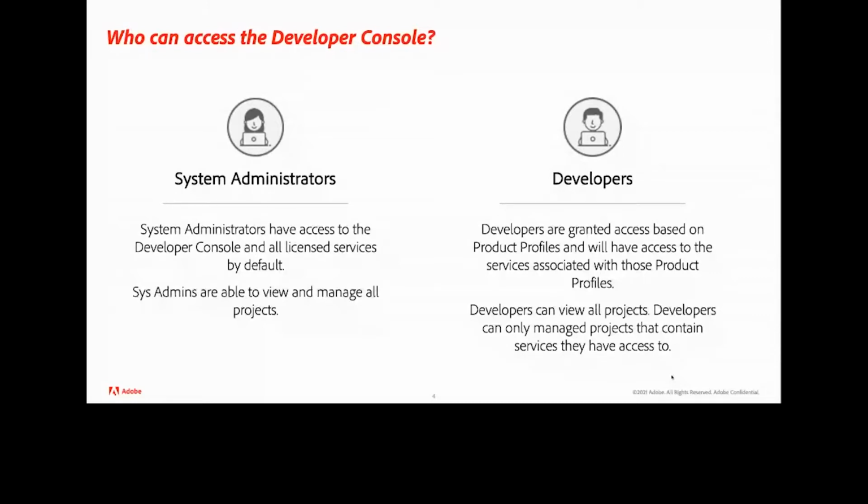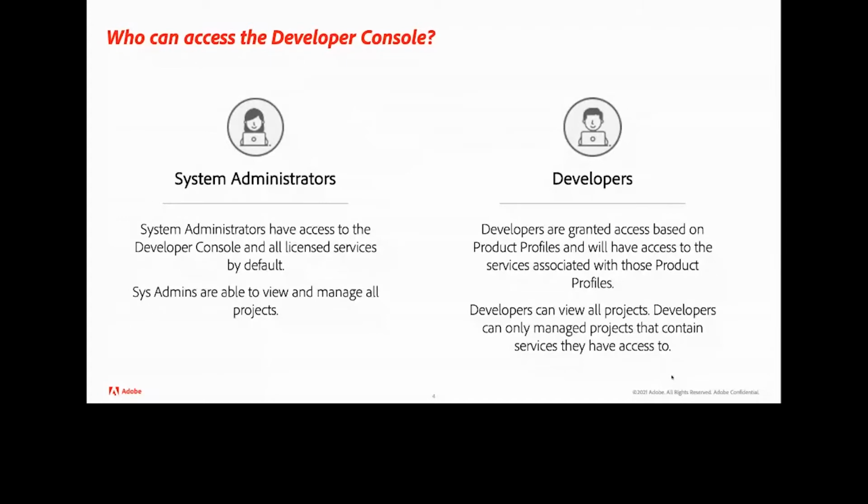So for example, if you're a developer who is working with Adobe Campaign, and you might be responsible for setting up campaigns, but you might not necessarily have access to publish campaigns, you would be getting access to the campaign management product profile. And that's the access that you would have with the Adobe Campaign API.